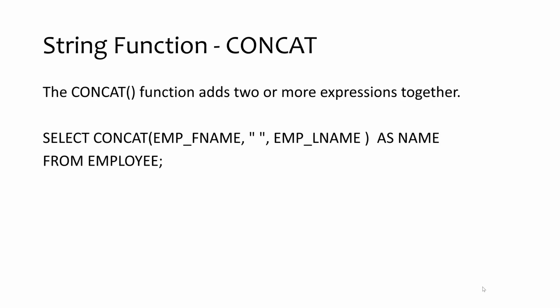Basically, concatenation means putting those two strings together. Notice that we also put an empty space between the first name and last name. That's why within quotes we put an empty space.